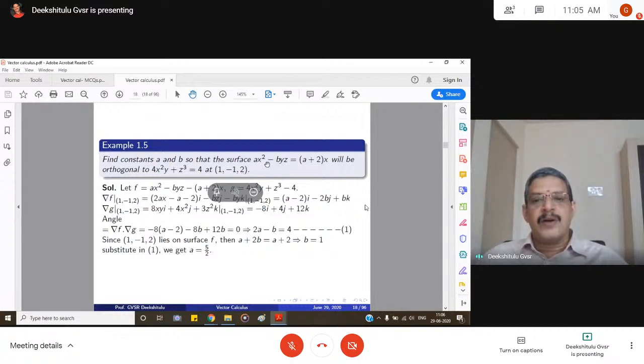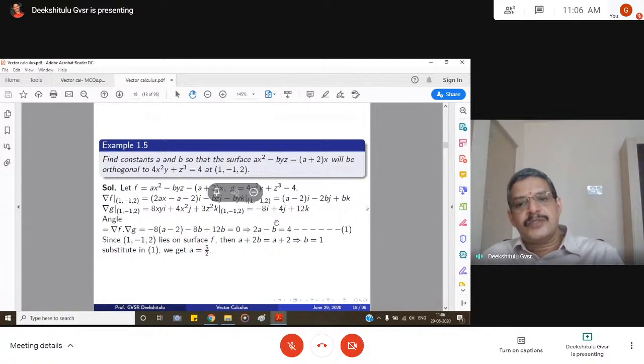Because this point is on the first surface, you substitute here, and we get a + 2b = a + 2. If you simplify this, b = 1. And if you put b = 1 in the first equation, you get a = 5/2. So the values of a and b are a = 5/2 and b = 1. You have to use some logic here.